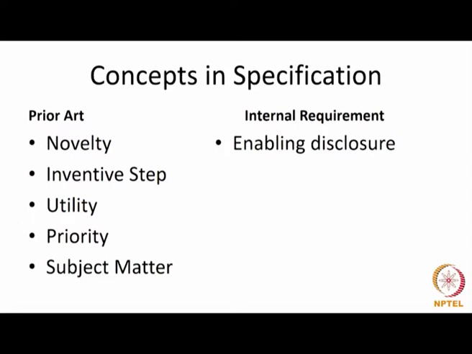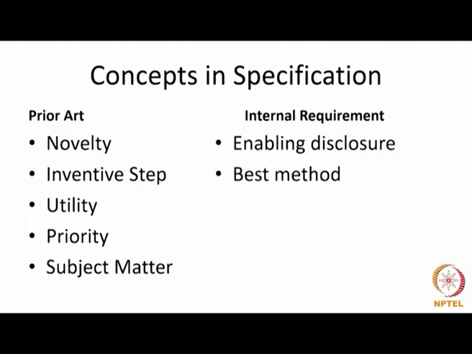So the disclosure in a patent specification should be of such a standard that the person skilled in the art who reads the patent specification need not come back to the drafter with any doubt. So it has to be a complete disclosure, and the disclosure should also enable the person to come up with the invention. So the descriptive part will have illustrations. If a person skilled in the art looks at those illustrations, he should be able to work the invention as it is described and come up with the invention as a product, as an end result.